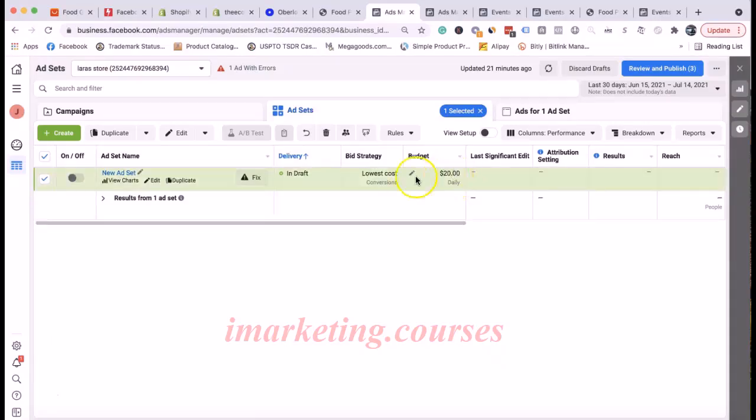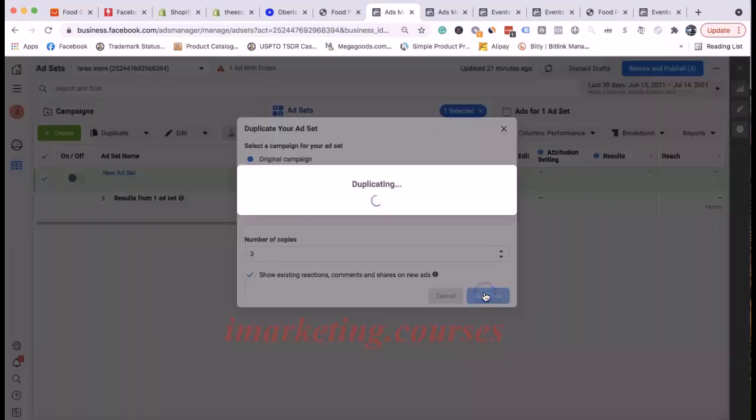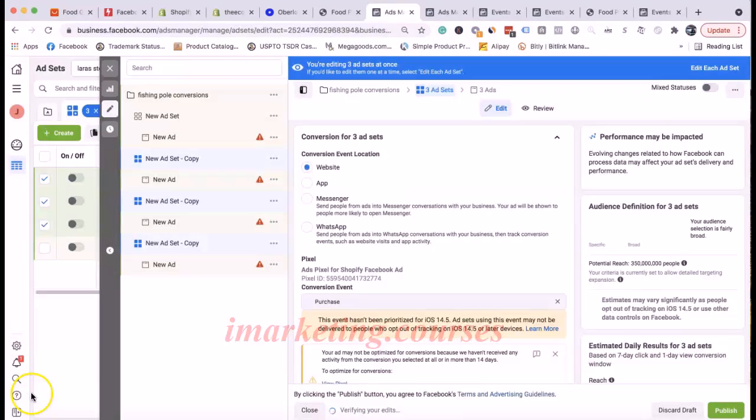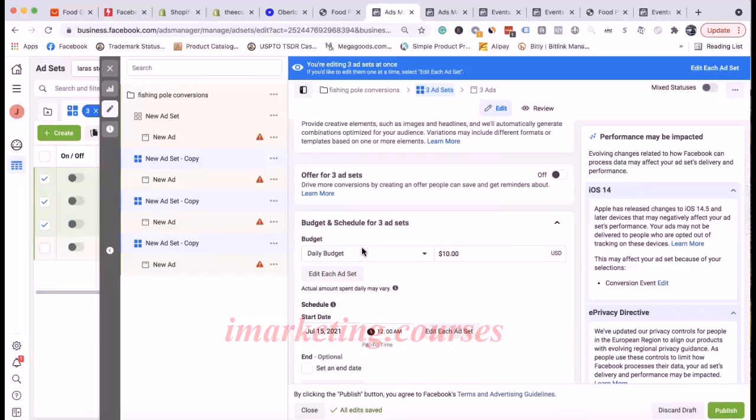What you would want to do is bring this budget back down to $10, and then you would duplicate this ad set. I would test it out by duplicating it maybe 3 times. When you duplicate this, everything is just going to be duplicated.